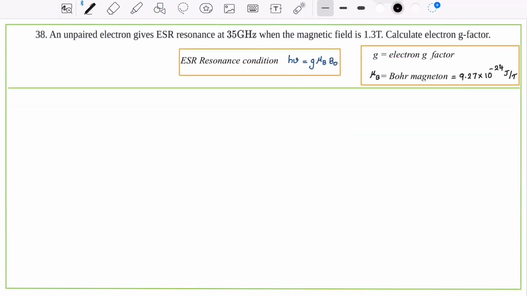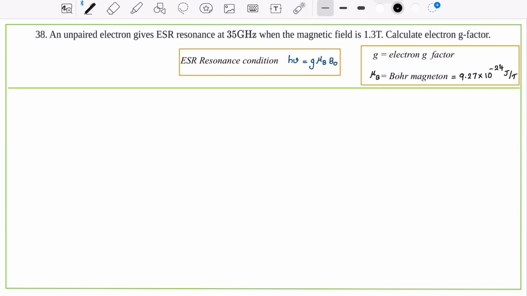The next question is, an unpaired electron gives ESR resonance at 35 gigahertz when the magnetic field is 1.3 Tesla. Calculate the electron g factor. In the present problem, we have to determine the electron g factor.